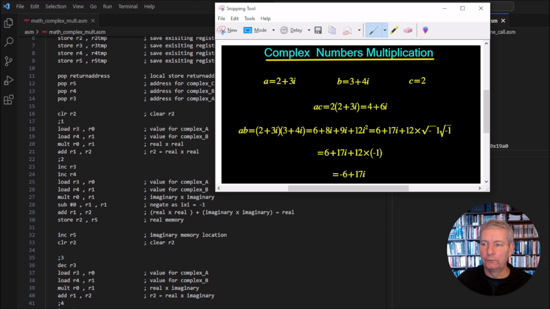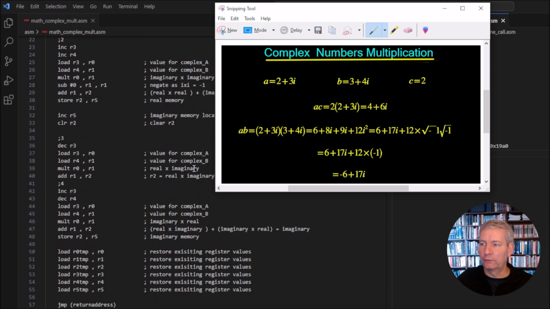And then we have to do the same for the other 2 options. So the other 2 options are going to be the 2 times 4i and the 3 times 3i, and then we add both of those together, and those will be saved under the imaginary part of the answer.